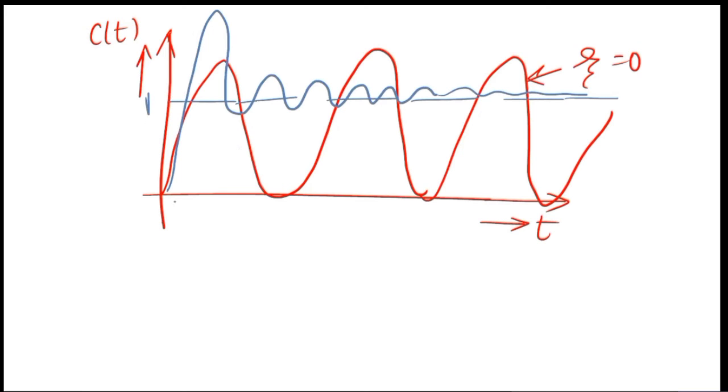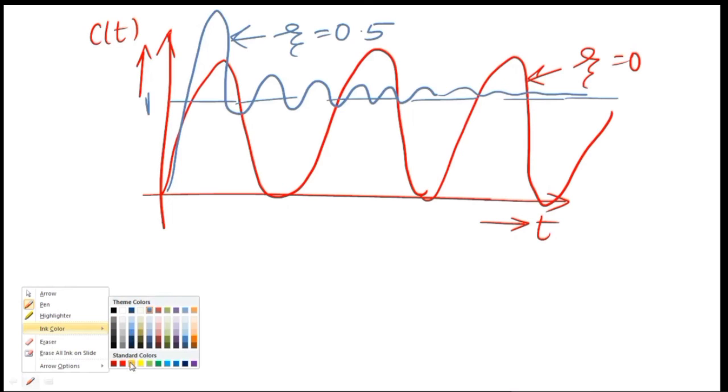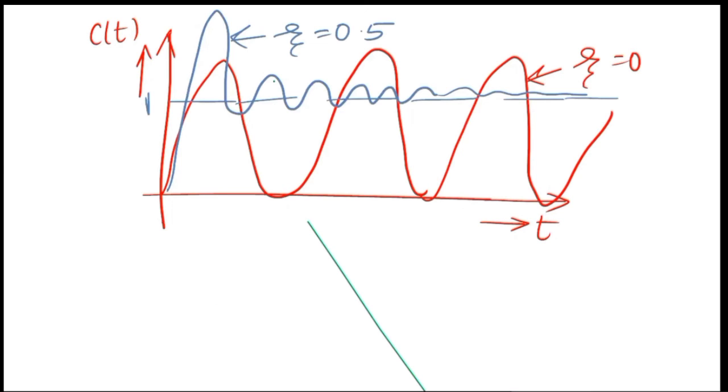And if zeta value is greater than 1, this blue line is for zeta equal to 0.5. Zeta value is 1, the response would be like this.